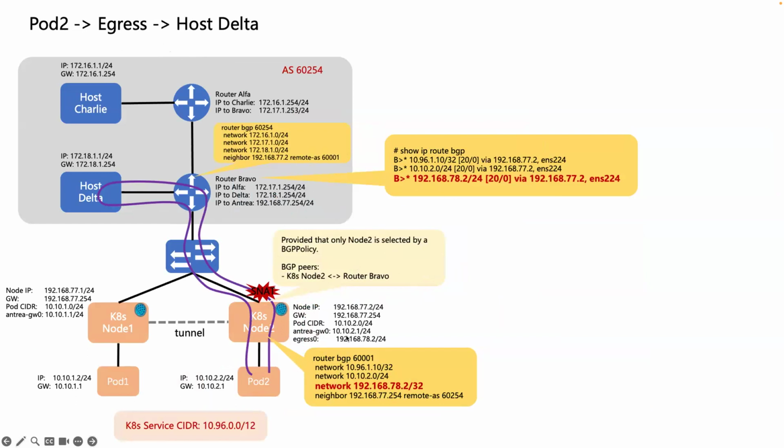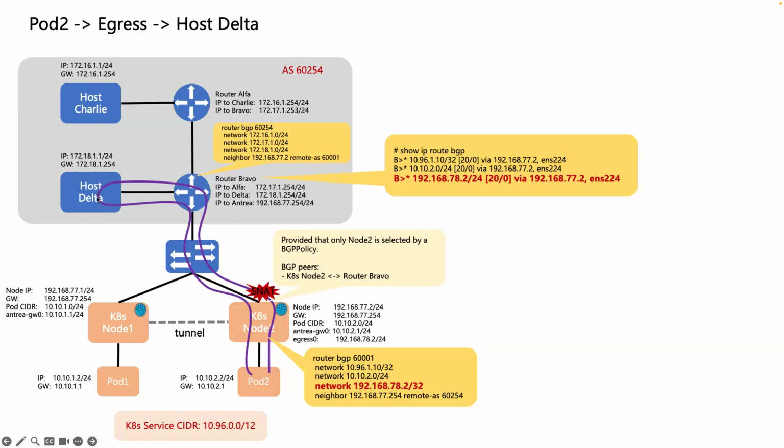Like this, we advertise the egress IPs. For pod 1, we use the egress IP, then it will be masqueraded with the IP address, then forwarded to the remote peers and to host data.